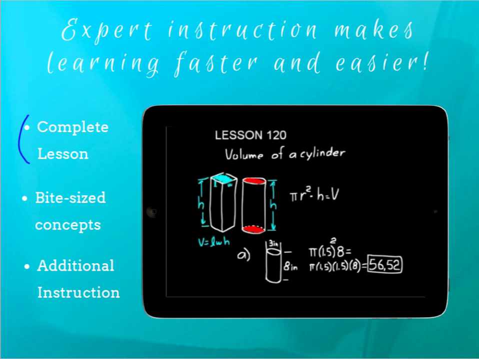A textbook lesson may have several parts, and you'll see them come up in bite-sized pieces in the video lecture. It's just a little less intimidating to look at one piece at a time instead of opening the textbook and seeing all those pages and numbers and letters everywhere. And again, there's additional instruction that the textbook doesn't have.